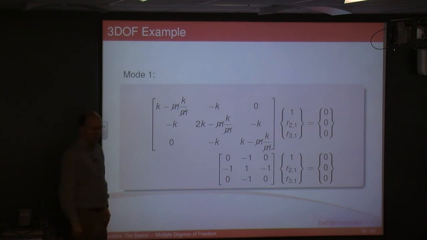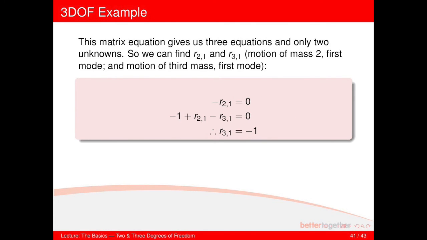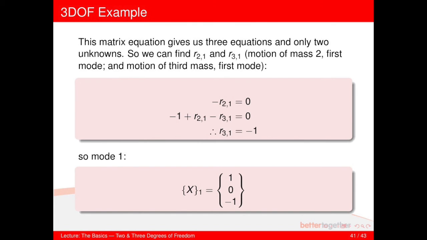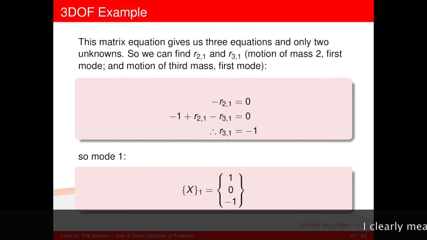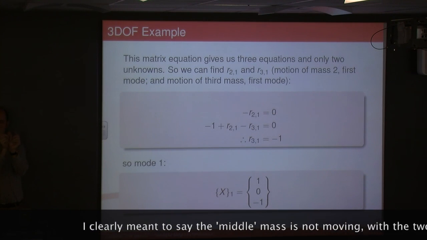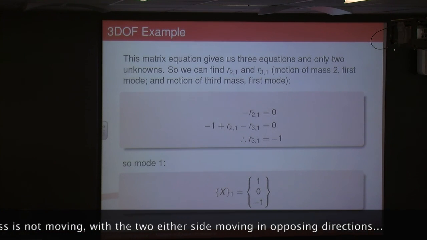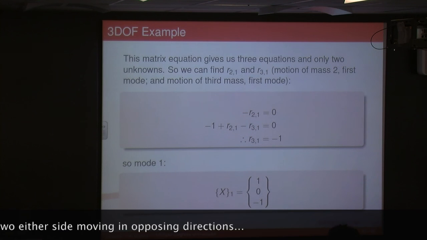You can solve it and find R2, the motion of the second mass in the first mode, so that's why it's R2,1. And for the third mass, you go through and solve it, and you end up with 1, 0, minus 1. That's the mode where the first mass doesn't move, but the other two masses are moving in opposite directions. So that's like a 2 degree of freedom system in the sense that the first mass is not moving at all.